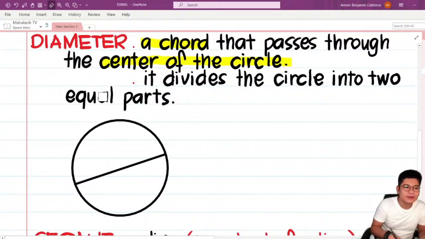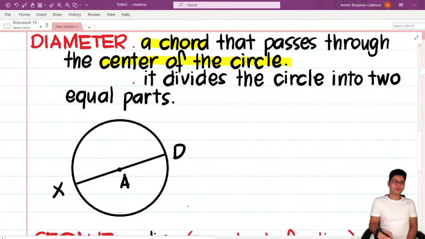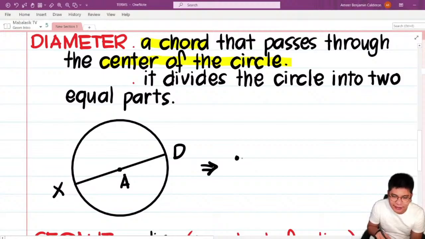Right there. So, this is our center, di ba? For example, this is circle A again. This is X, and this is D. For example. Then, the diameter is segment XD.